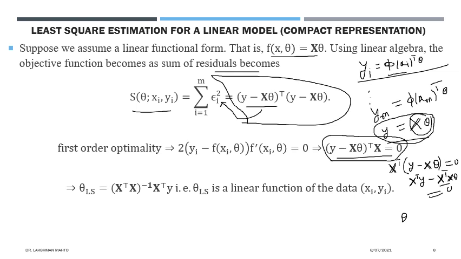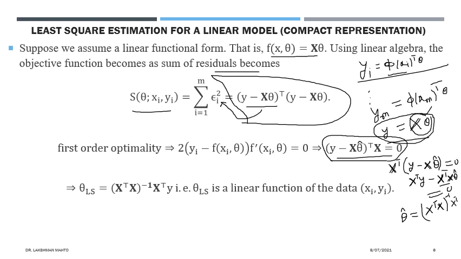So directly I'm writing it here. I should write theta hat, because this one is coming from the normal equation. It is not directly dealing with the linear system, it is dealing with the normal system. So theta hat, we will get it like this: X transpose X inverse, because we are putting a condition on the data matrix that it is a full rank matrix, that's why it would be invertible.